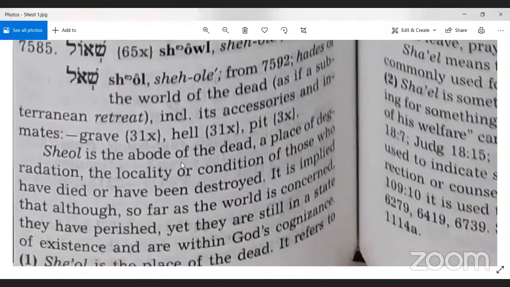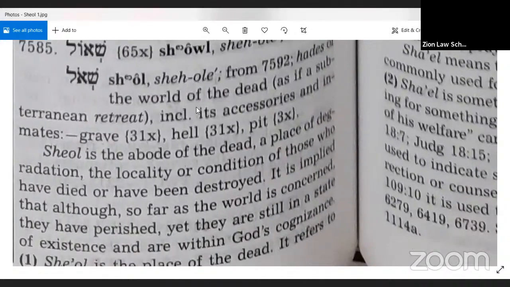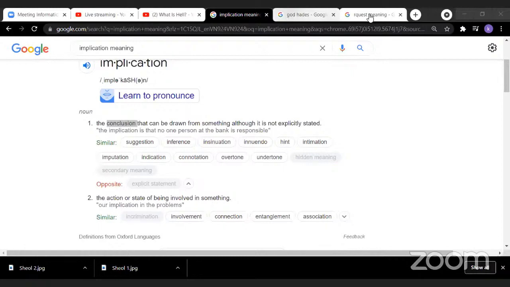Including its accessories. So the world of the dead has accessories and what? Inmates. It has accessories and inmates. So let's look up accessories. You know, like a woman wearing accessories, right?